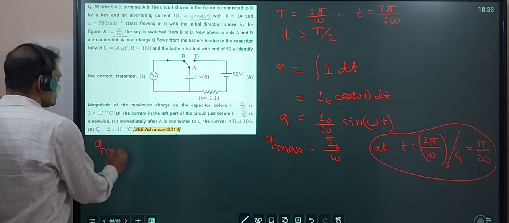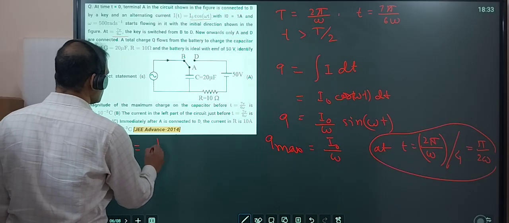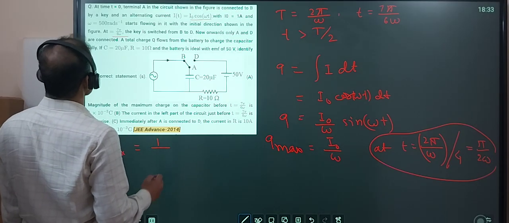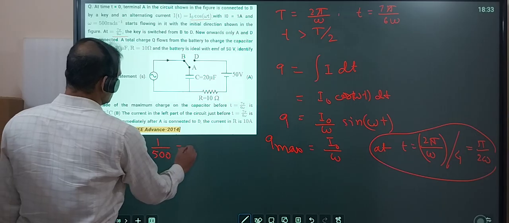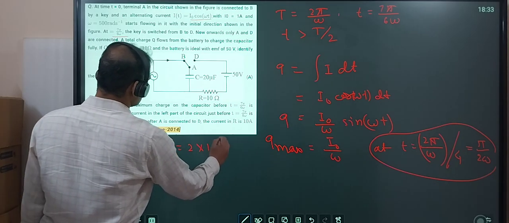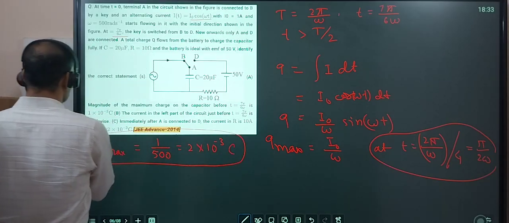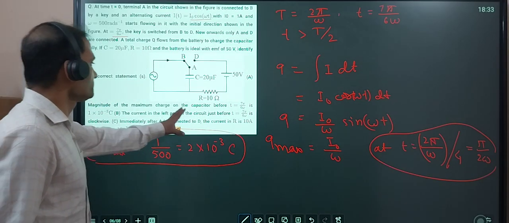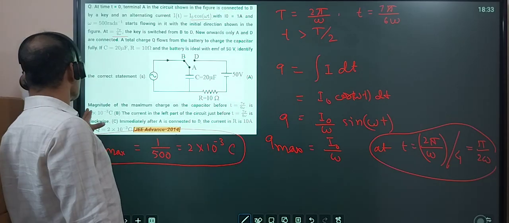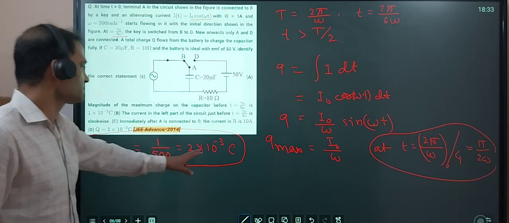Q max will be, I naught value is given 1 ampere and omega is 500 radian. Okay, so this much charge will be there. Okay, this is the maximum charge. So magnitude of maximum charge on the capacitor before this is this. This is incorrect. Okay, we will get this much maximum charge.